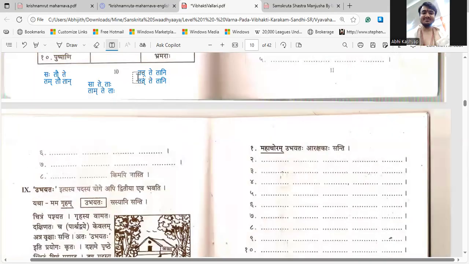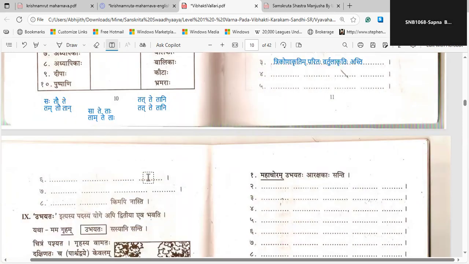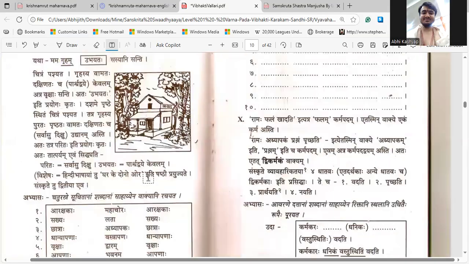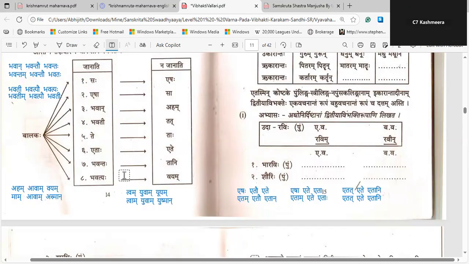Te will become tan. Te can also stay te only. It can be masculine, dual, or plural, so all three lingas are possible. Now we have to understand where it is coming.